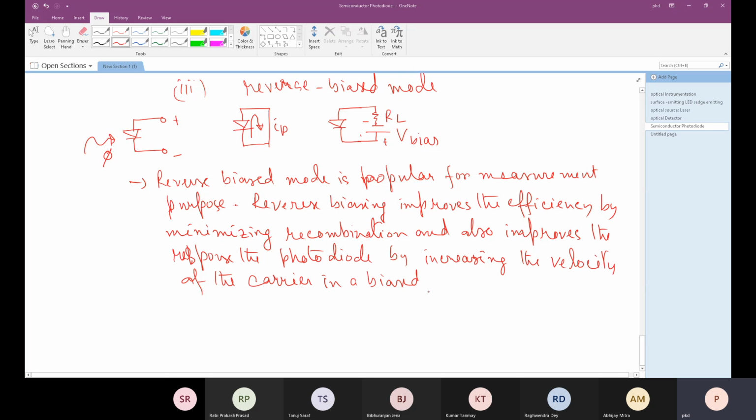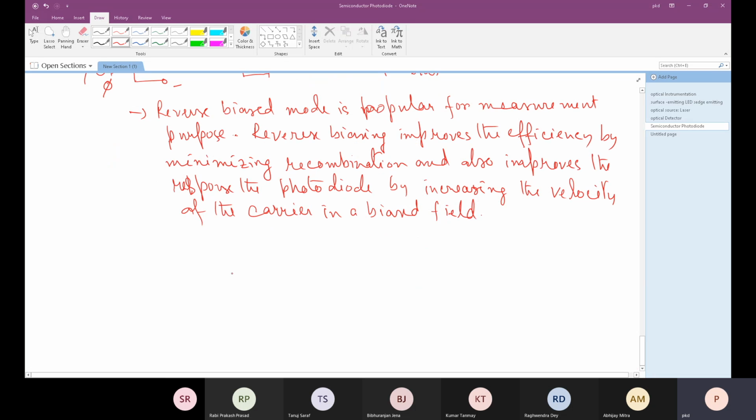Because there is an electric field, the carriers will be drifted towards the external electrodes at a larger speed. So that way the transit time of the carriers will decrease. So therefore the speed of response will improve. That means response time will decrease.